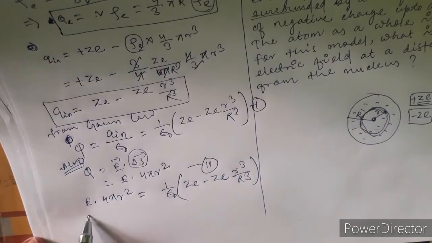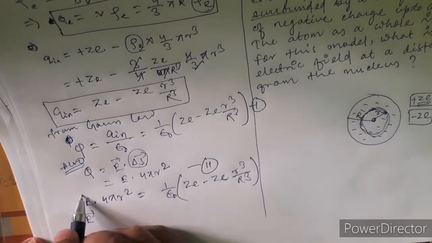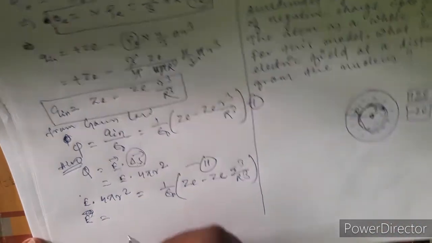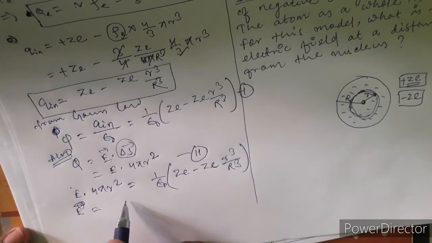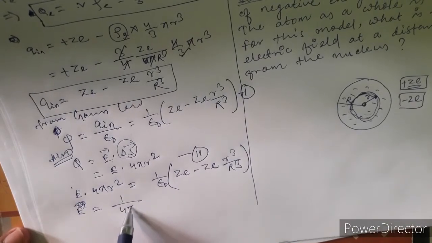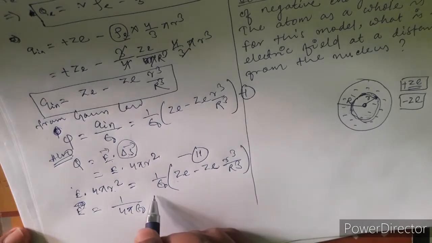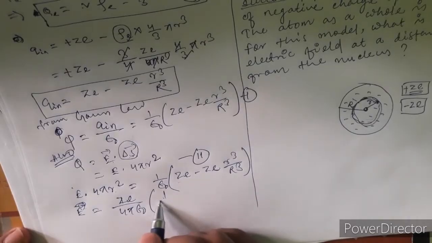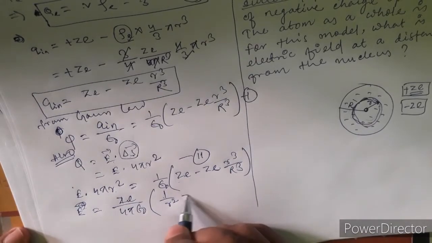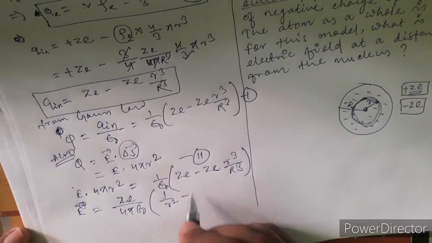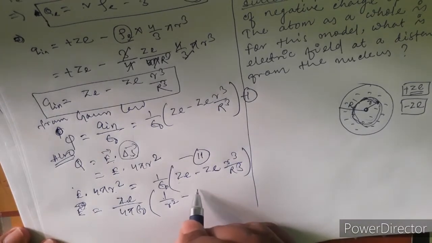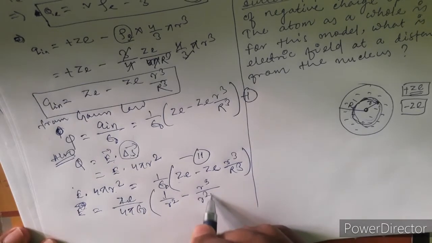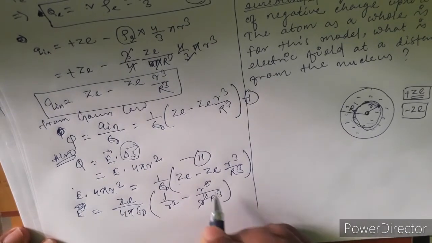Now what will be E? We are interested to calculate E, okay. So the magnitude of E inside the atom will be equal to 1 by 4 pi epsilon naught, and r square will be divided, and you can take JD outside. This will be 1 by r square minus, that is r square will be divided here, so r cubed by r square R cubed, so r square will cancel.